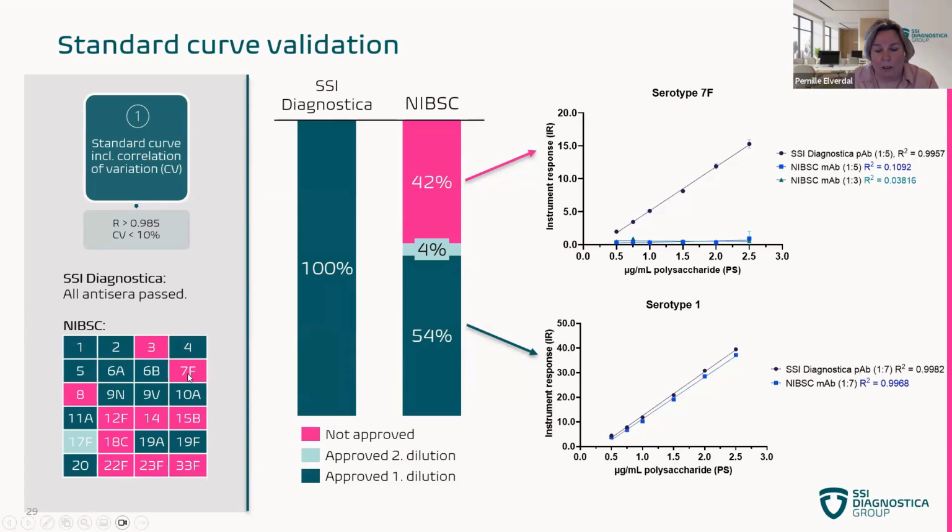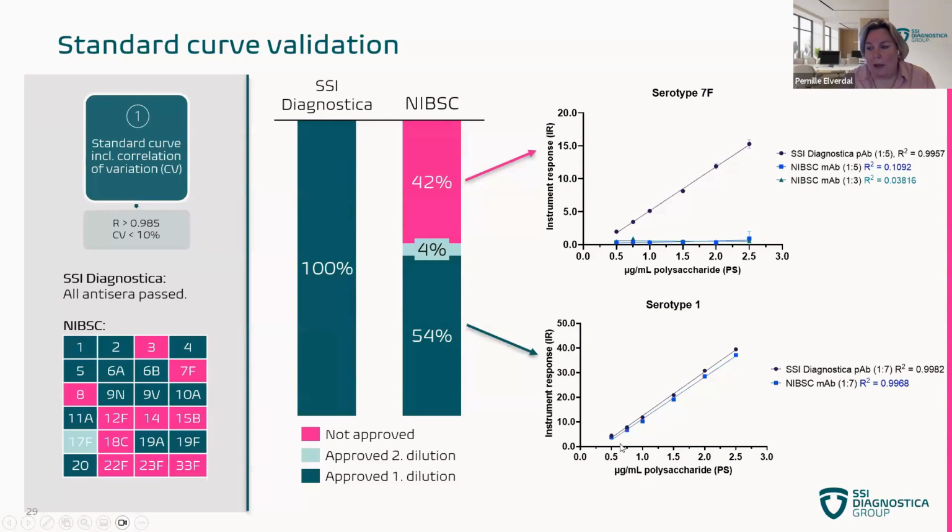So all the pink serotypes you see here gave us issues in the nephelometry method. Here's an example of serotype 7, where we had a nice straight standard curve with the monoclonal antibody from SSI Diagnostica, but the antibody from NIBSC was not fit for purpose with the polysaccharides from ATCC.